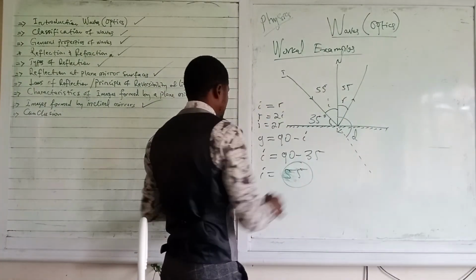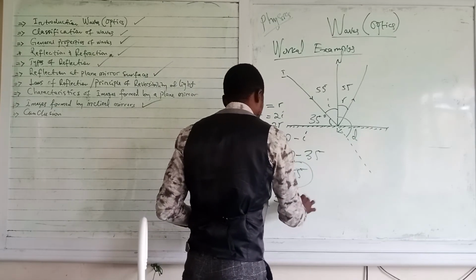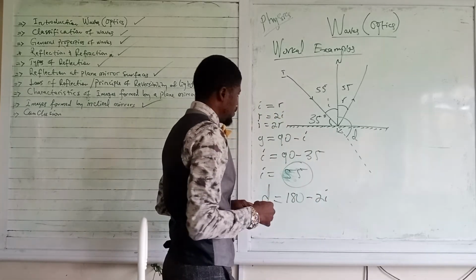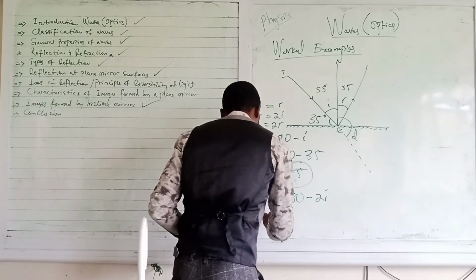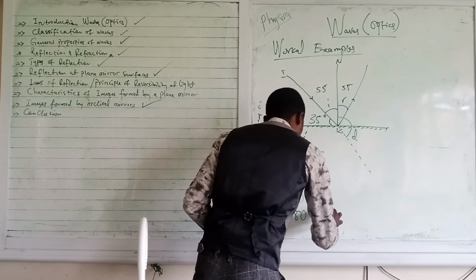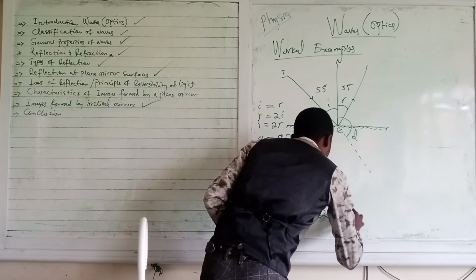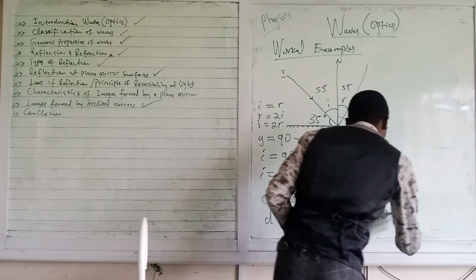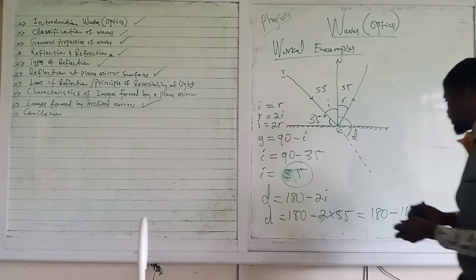So what do we write now? Our D is equal to 180 degrees minus 2I. 55 times 2, you have 110. So your D is 180 minus 2 times 55. You do that correctly, what do you have? 180 minus 110.